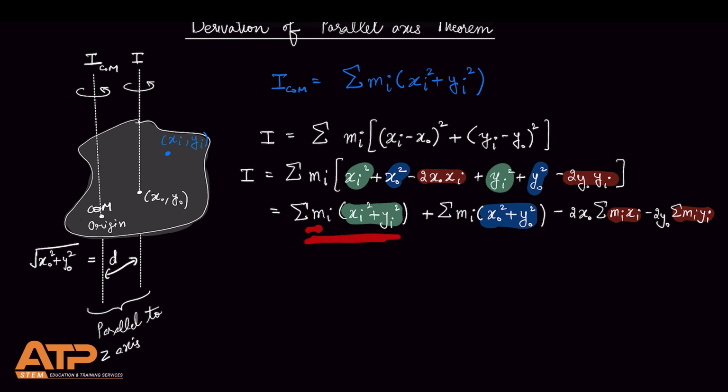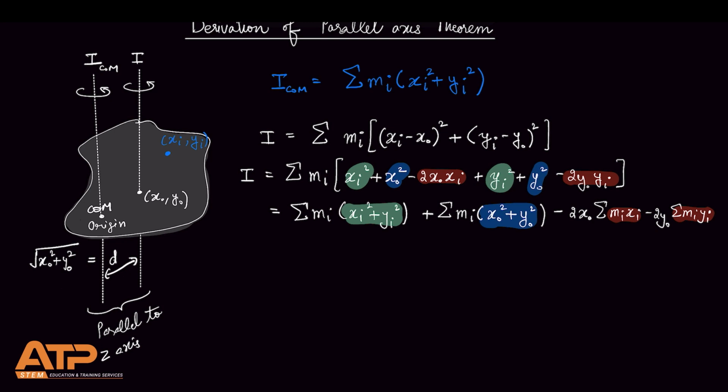So that will be mi xi square plus yi square. Why is it important to club them together? Because you see this was our ICOM. If I club x naught square and y naught square together, I will get this term. What is this term? X naught square plus y naught square. That is the d square.